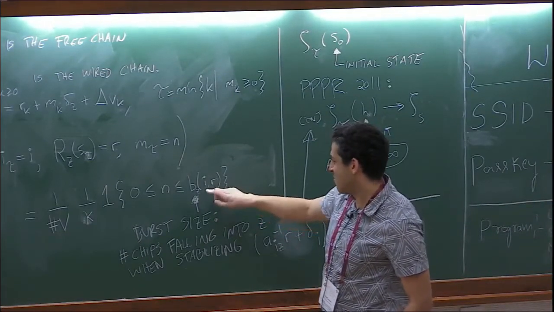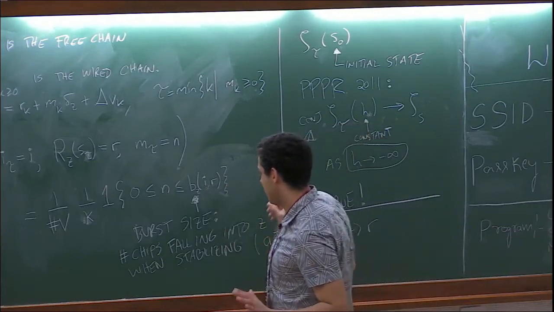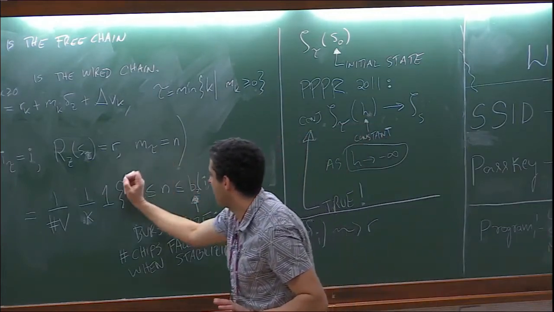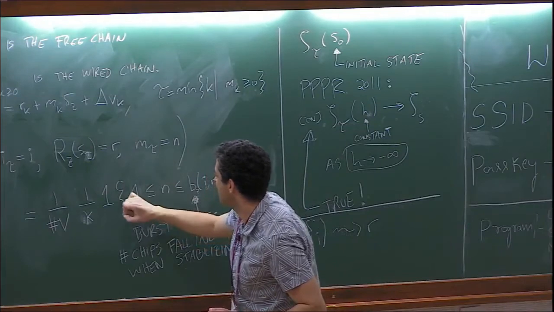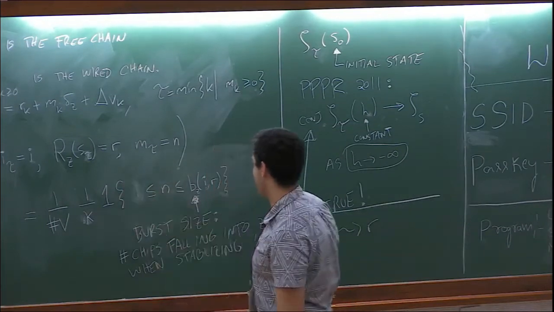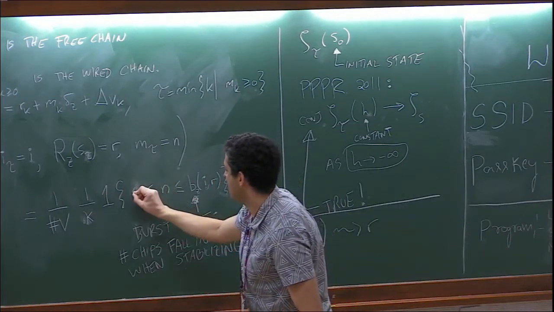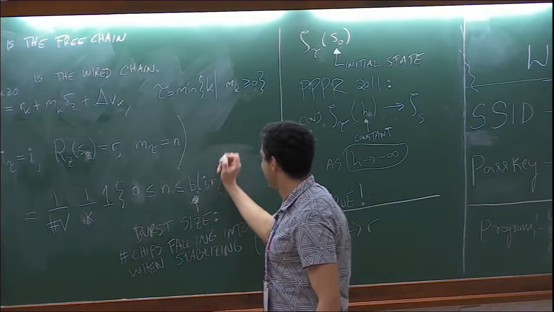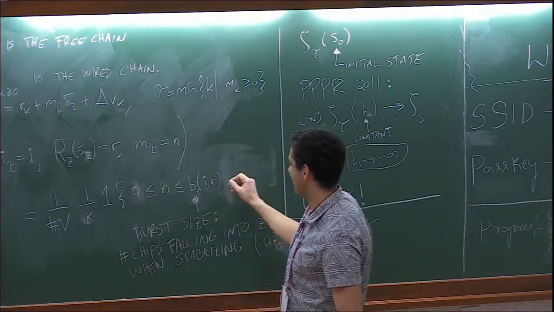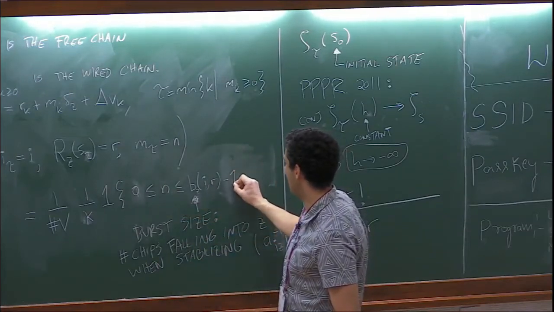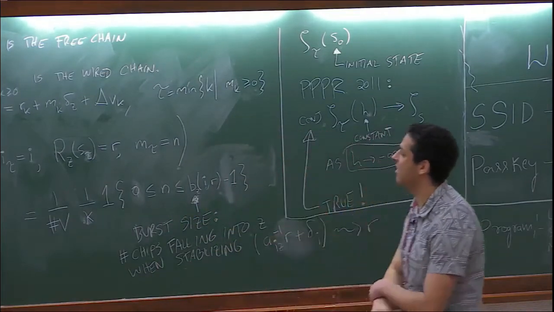Because if B_z, I need a 1 here. So I want to say if B_z(I,R) is 0, then I want this indicator to not be satisfiable at all. So I guess I need a -1 there.